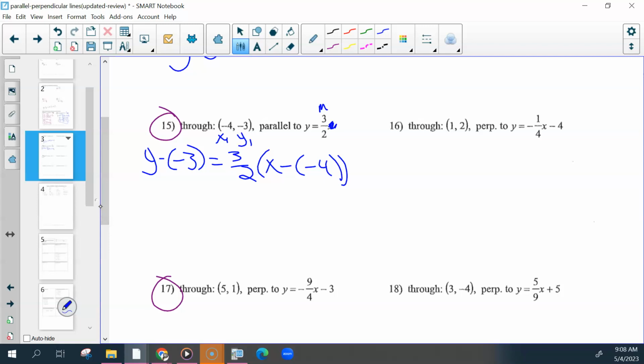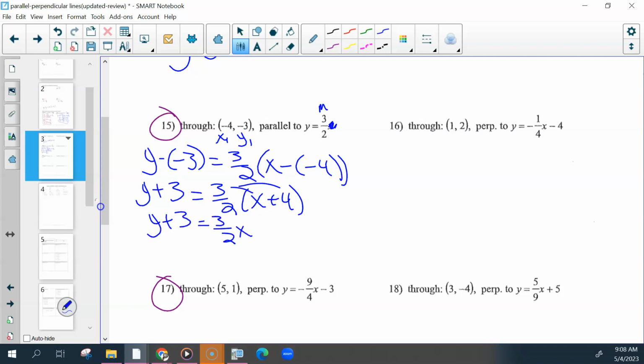Both of these would have to become a plus before you could do anything else. But then you could distribute. So this would become 3 over 2x. What would 3 over 2 times 4 give us?